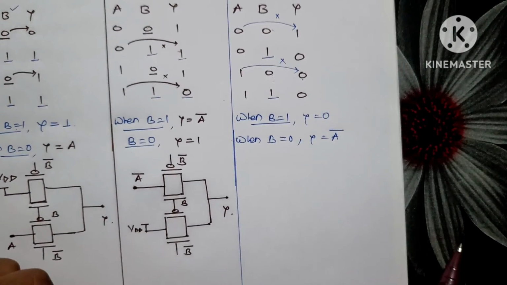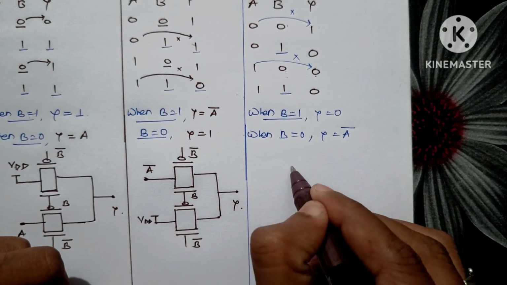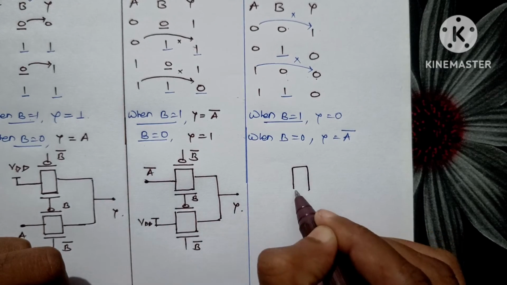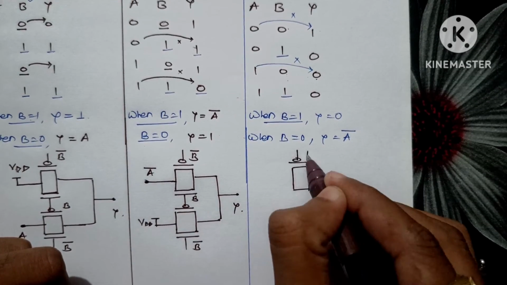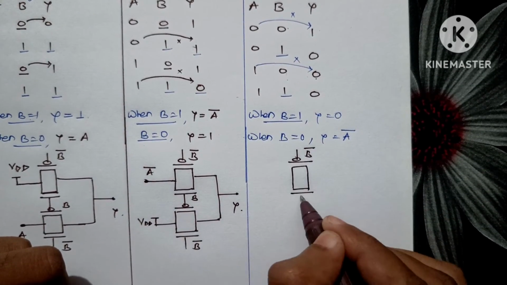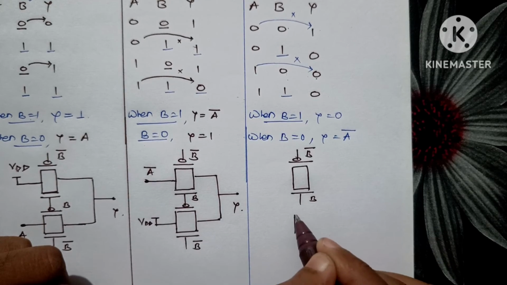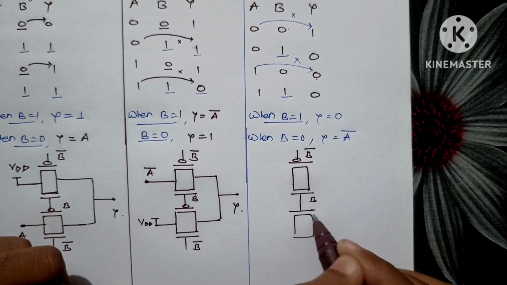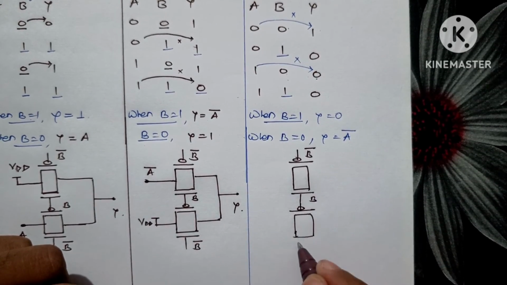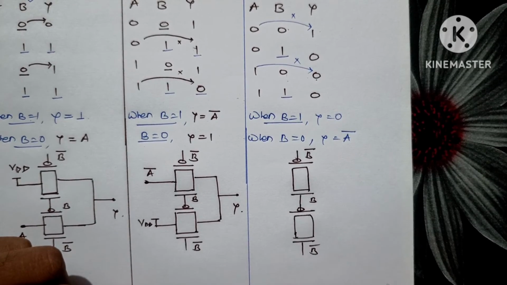So let's draw the schematic. This is B bar, this is B, connected with A complement, and this is our B bar.